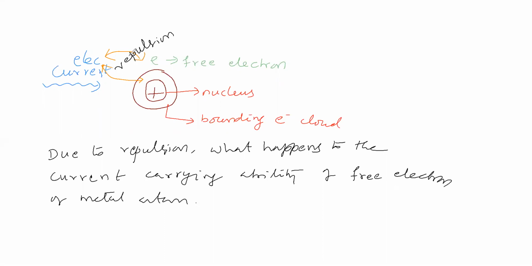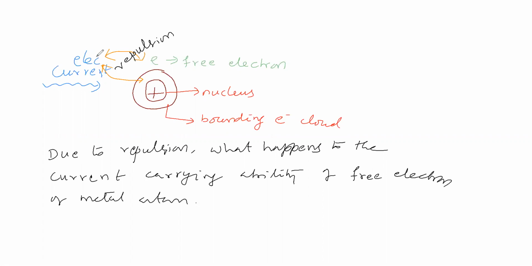That means, due to this repulsion, between this current electron and this free electron, the collision tendency reduces. Therefore, the current energy transfer from this current electron to the free electron reduces, shall we say?